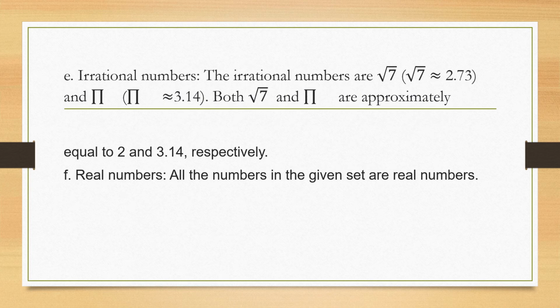Now, the other kind of real numbers is the irrational numbers. The irrational numbers include the square root of 7, whose approximate value is 2.65, and pi, whose value is approximately 3.14. Both are approximations. As for real numbers, all the numbers in the given set are real numbers.